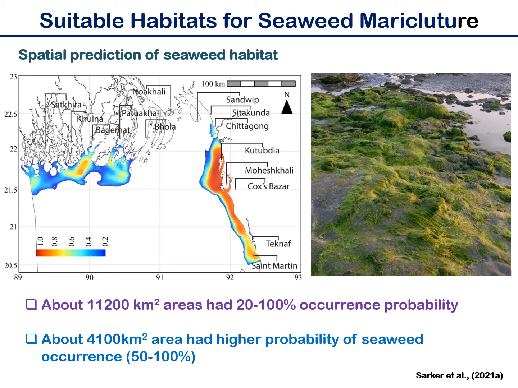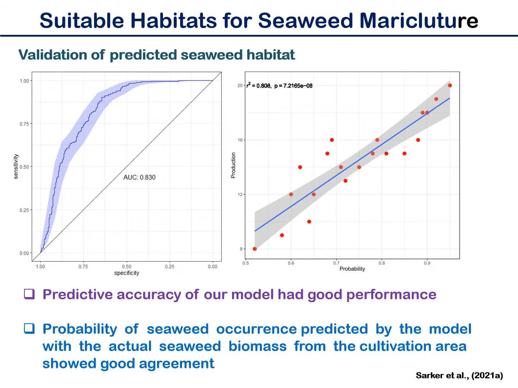Most of the suitable habitats are located in the southeastern coastal zone, while a moderate area is located in the southwestern coast, but the central coast is not suitable for seaweed farming because of less saline water and high turbidity, due to the high freshwater flow from the river systems.